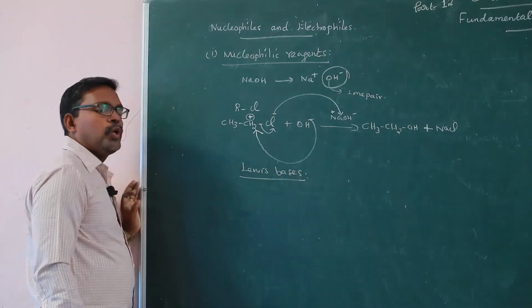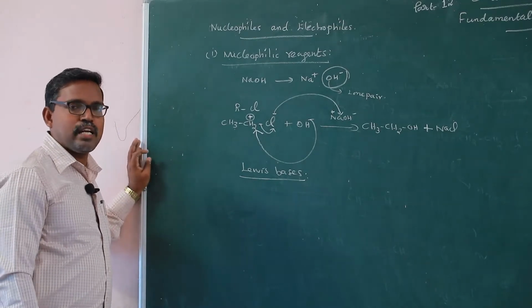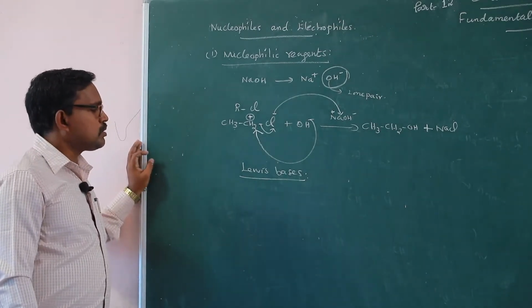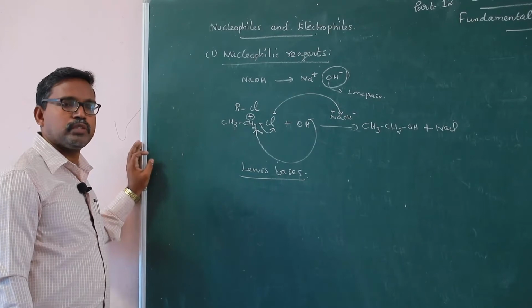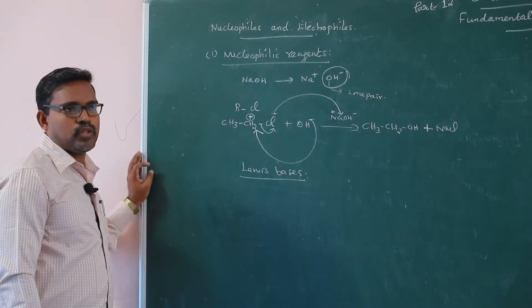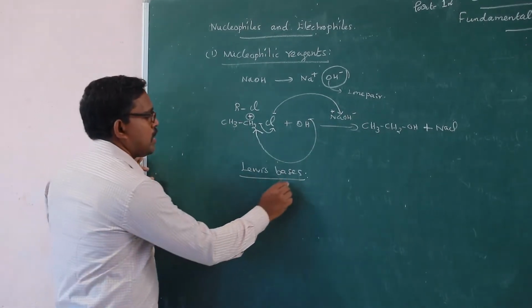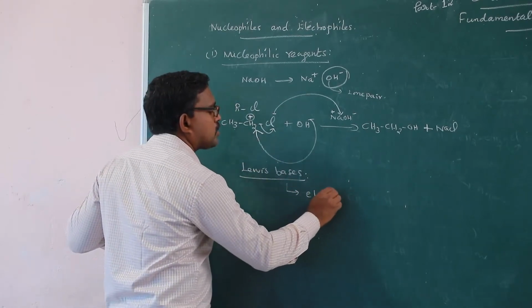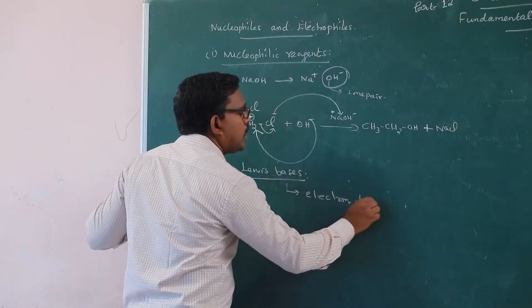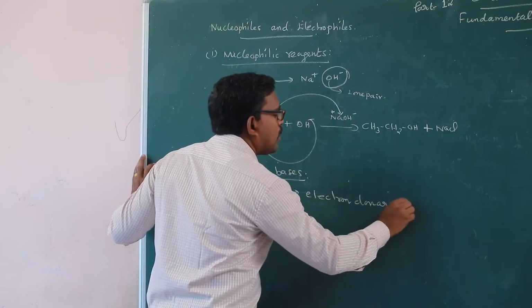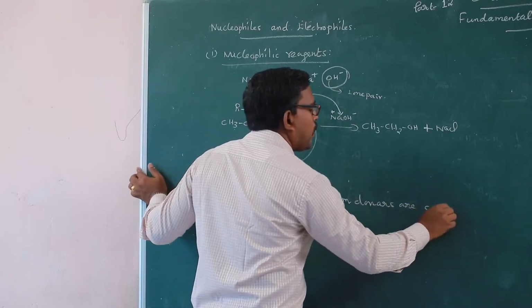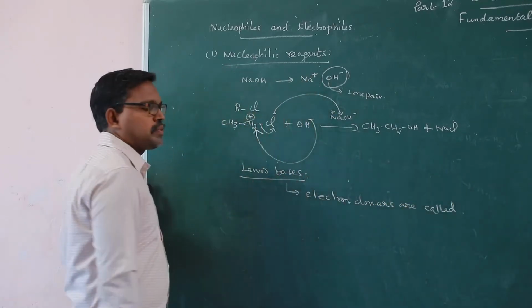According to Lewis concepts of acids and bases, a base is a substance which must donate the electrons. Electron donors are called Lewis bases.